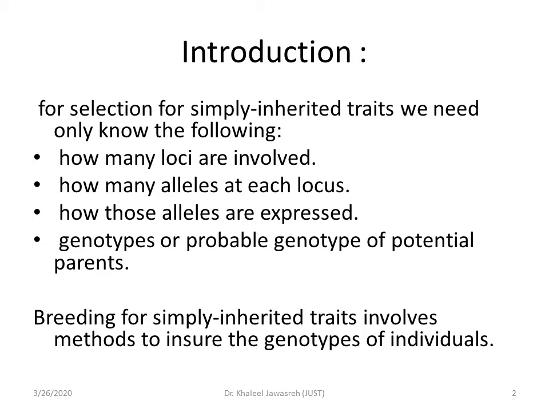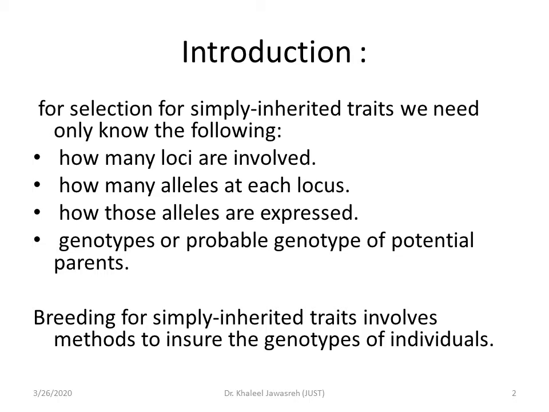For example, how many loci are involved. This is a little bit complex to know, but if you know the number of loci involved in a certain trait, it will solve a certain percent of the problem. Also, you do need to know how many alleles at each locus.